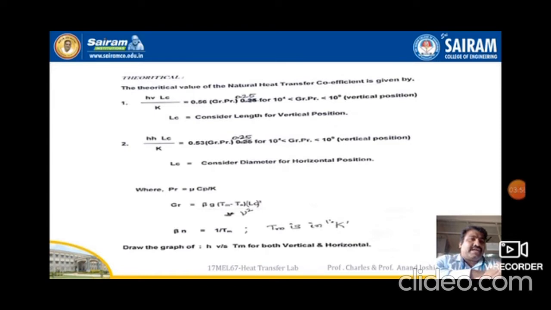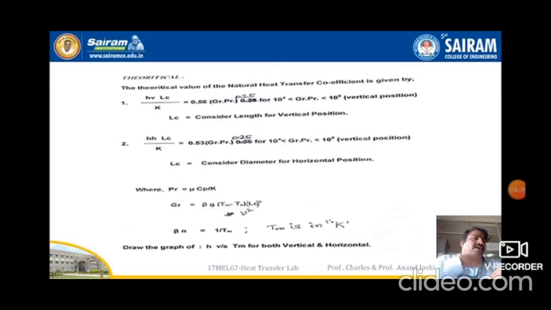Similarly for theoretical, the theoretical value of the natural heat transfer coefficient is given by h_V Lc by k equal to 0.56 into (Grashof number times Prandtl number) to the power of 0.25, for 10 to the power of 4 less than Gr Pr less than 10 to the power of 9.